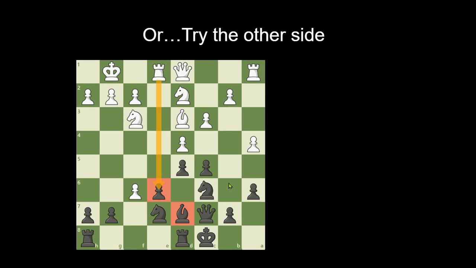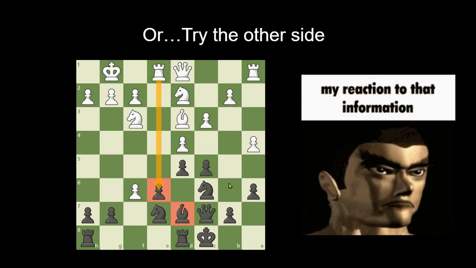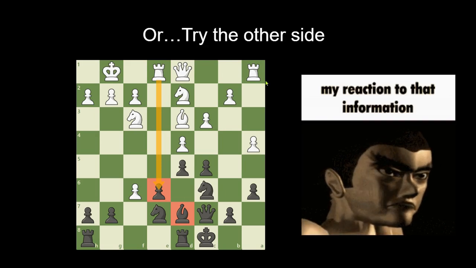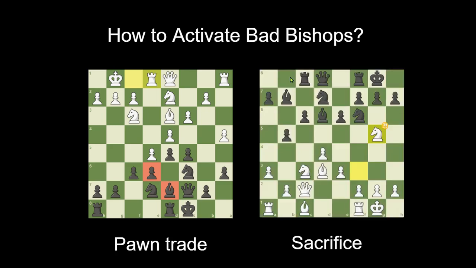So that's one thing to watch out for, but just try different sides to open up the bishop. That'd be the advice. So the two ways to activate bad bishops are through pawn trades like we saw, and sometimes you can even sacrifice a pawn or a piece or even a queen, depending on the severity of the situation and the position, just to open up the bishop here.